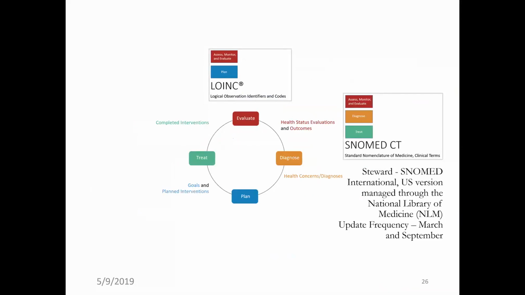The code system called SNOMED CT is used to express health status evaluation and outcome concepts, as well as diagnoses and interventions. It's a very broad code system and can even be used in conjunction with other code systems, like, for example, LOINC.